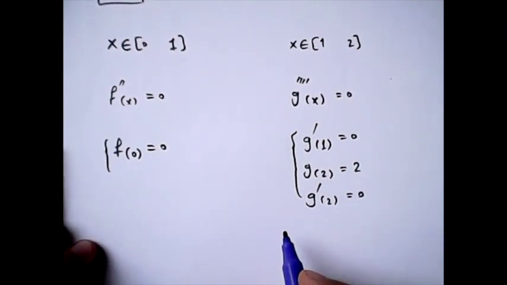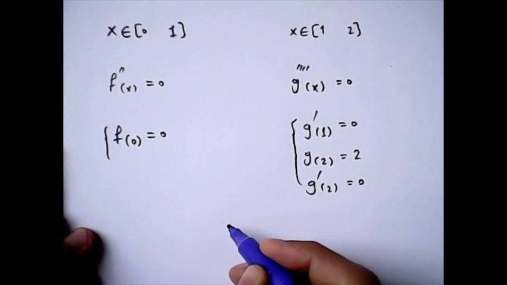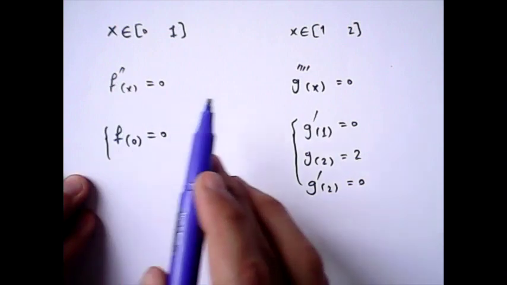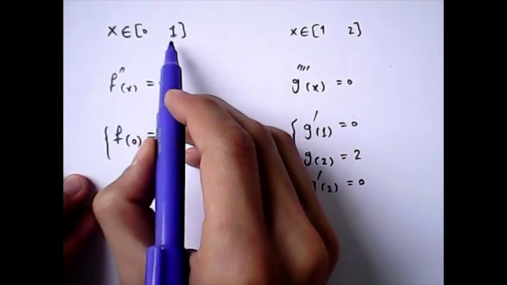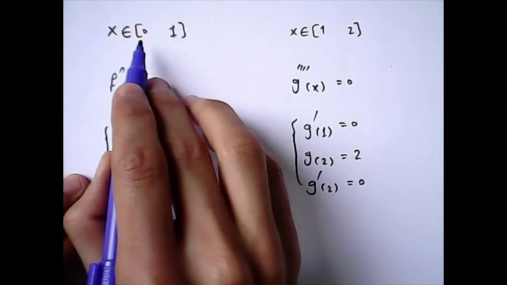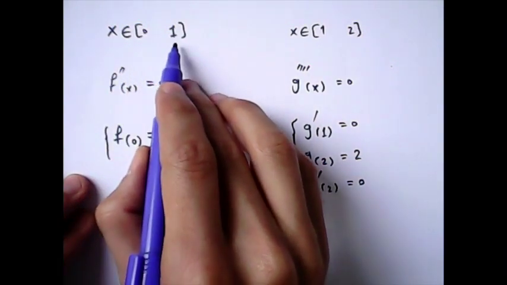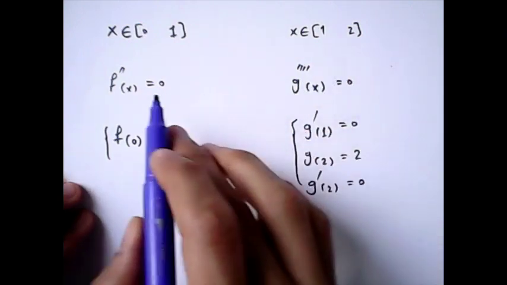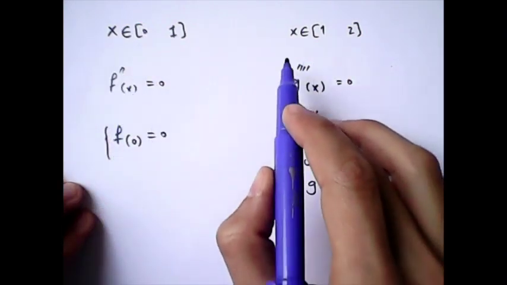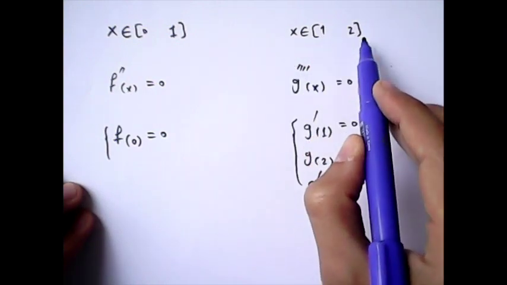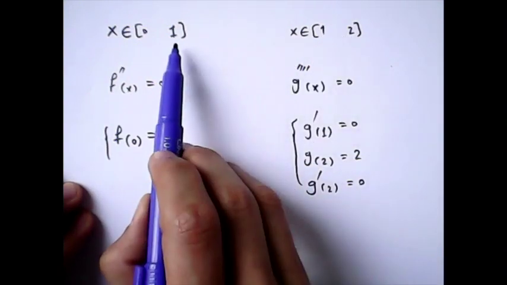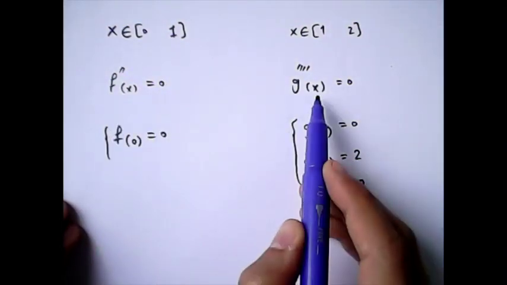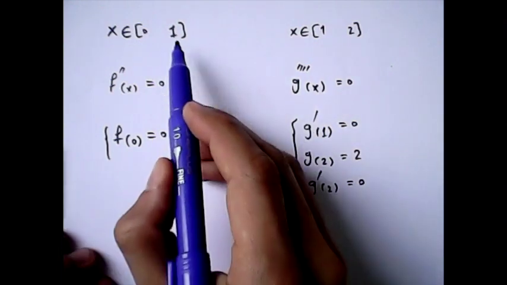There is something which we call a matching condition. It tells us that there is a relationship between these two functions, f and g, at the location where they meet. You see here the domain of this one is from 0 to 1, including 1. The domain of this one starts from 1 to 2, including 1. So you can see that the 1s are common. So it makes sense that these two functions should have a relationship with one another at this location 1.